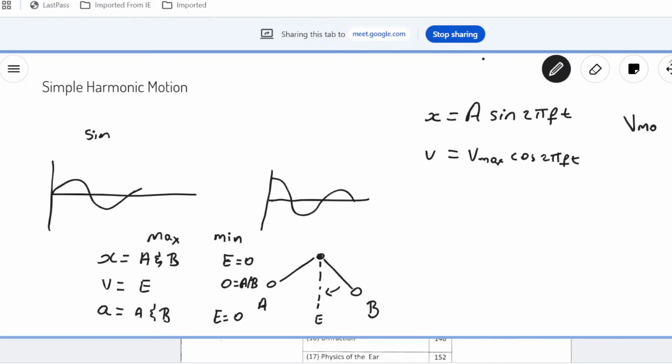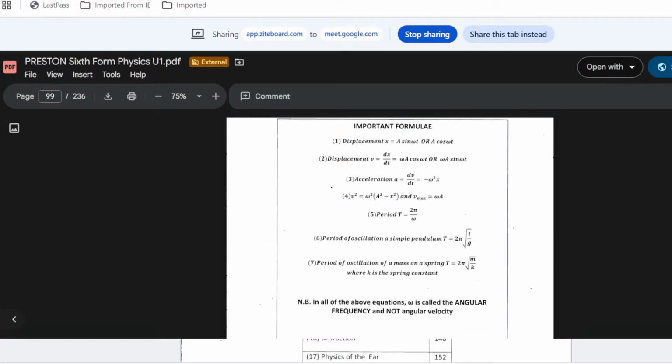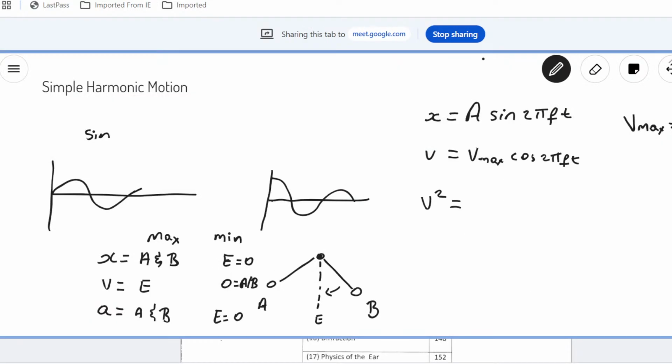So you also have this equation as well, v squared, which is where this relationship comes from: omega squared times a squared minus x squared.